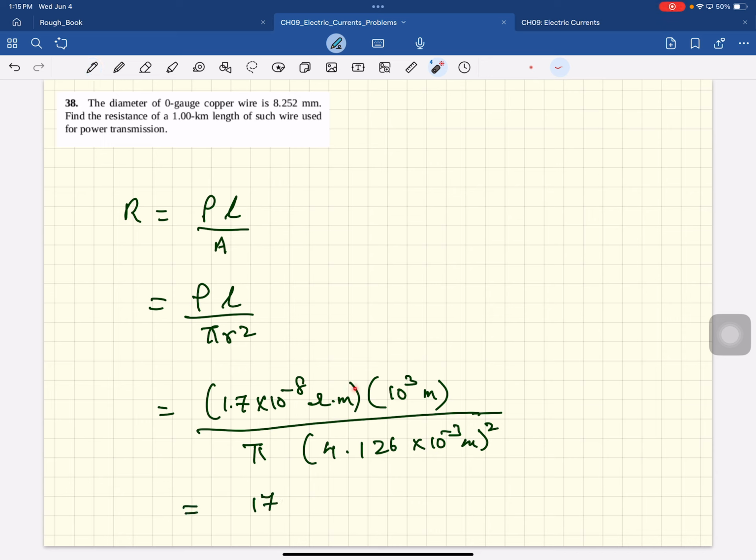And the units, the meter square cancels with meter square, so you get ohms. 17 divided by pi into 4.126 squared. So essentially this is roughly 17, so 1 over pi is what you have, about 0.3 ohms.